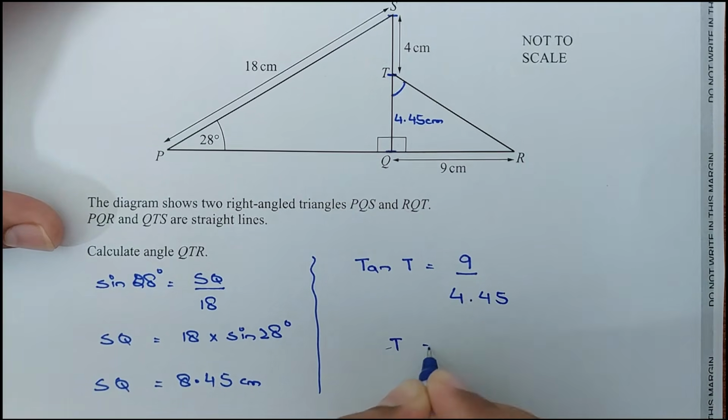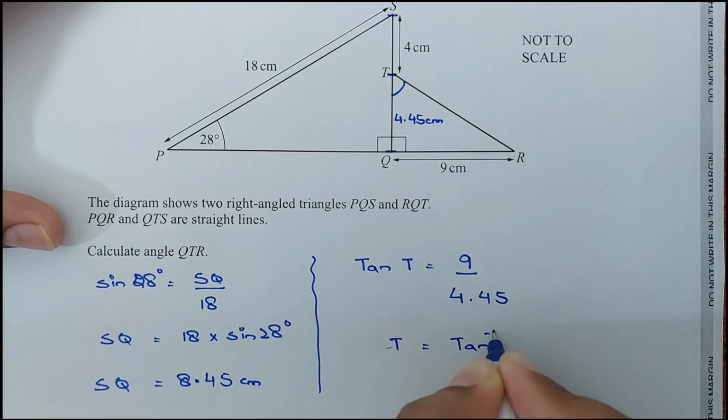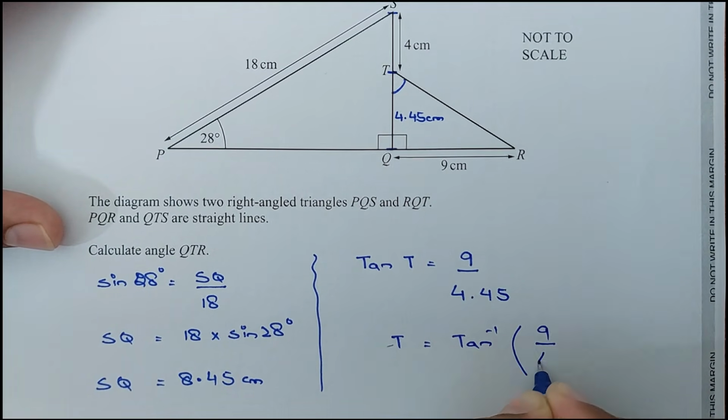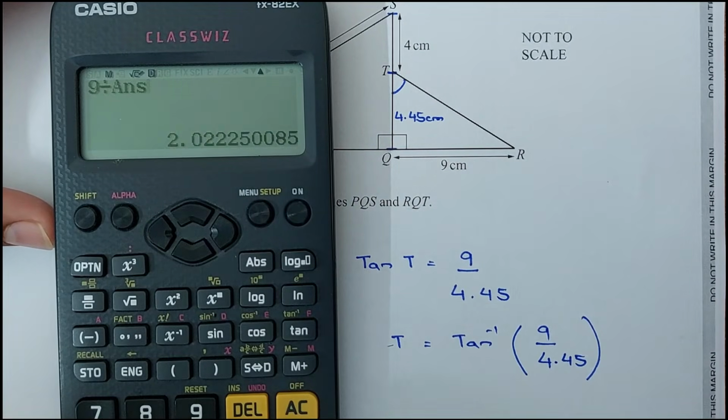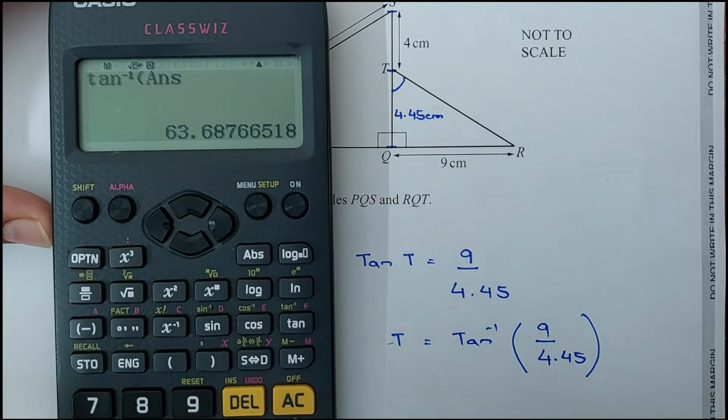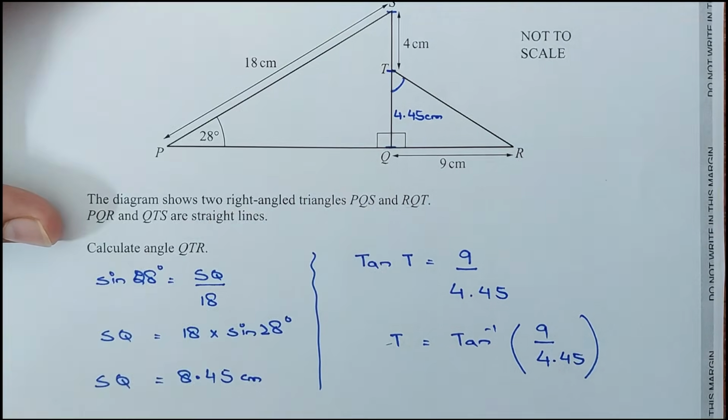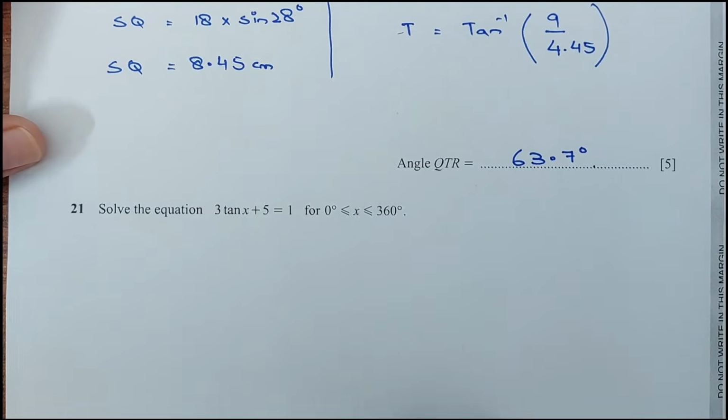So T is equal to tangent inverse of 9 over 4.45, which is 63.68, or 63.7 degrees. In terms of degrees, we round it to one decimal place.